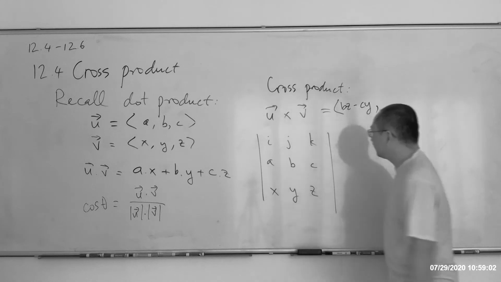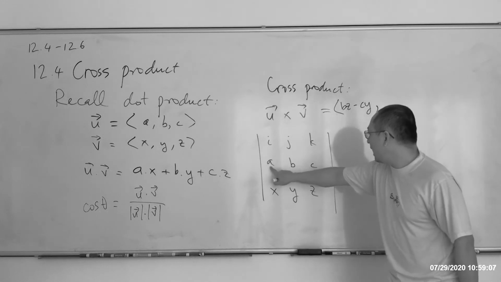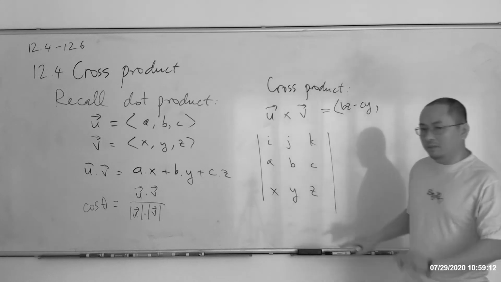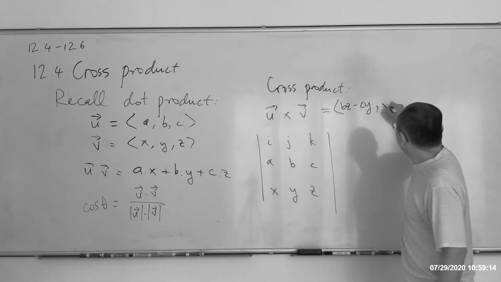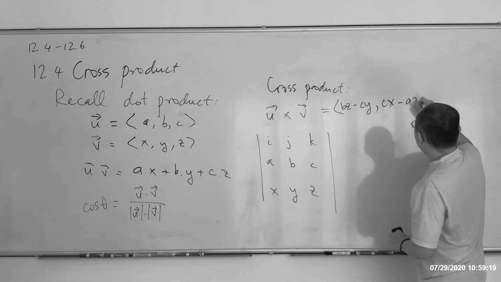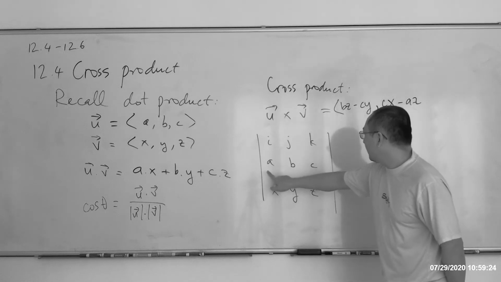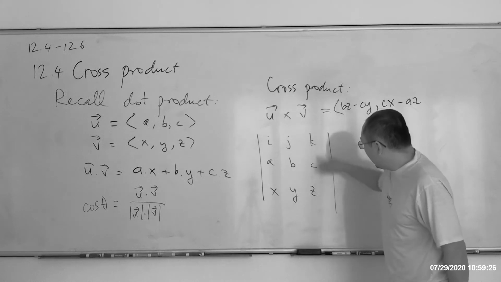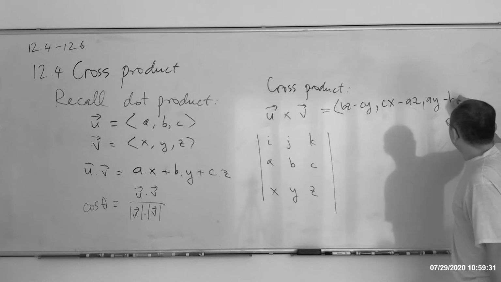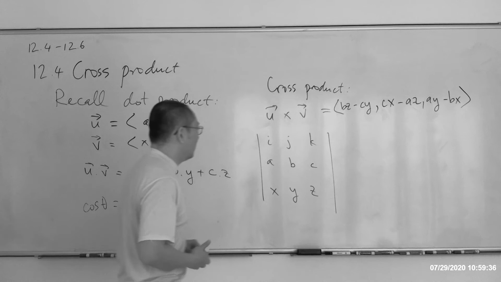That's the first number. Okay. And then for the J term, think A times Z minus X times C, but the opposite of it. So C times X minus A times Z. Okay. And for the K term, you delete the K column. You got A times Y minus B times X. And this is the definition of the cross product that the book gave you.